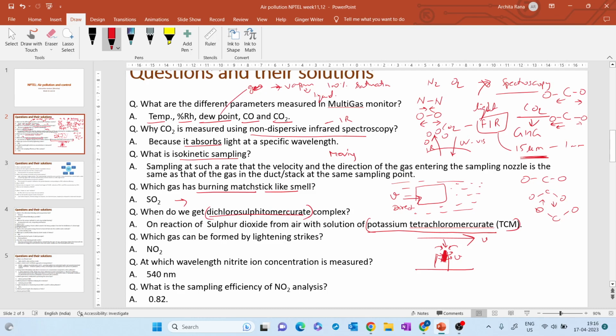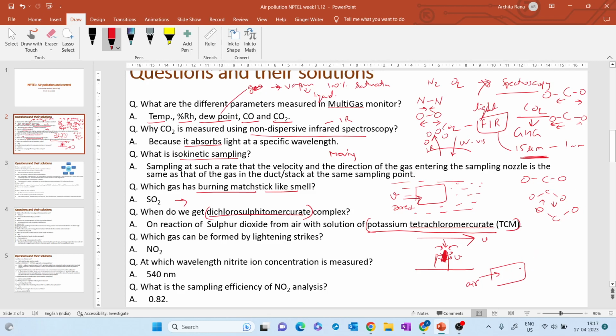So how you can understand is that, let's say this is a gas analyzer and it is taking air, and a lot of air is collected in this region.